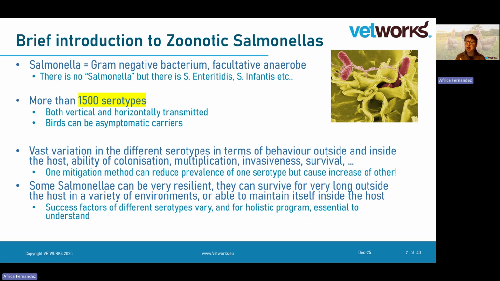Some serotypes will stay in the intestinal tract and will only very occasionally become invasive, meaning they will leave the intestinal tract, go to the bloodstream and start distributing in the different organs.